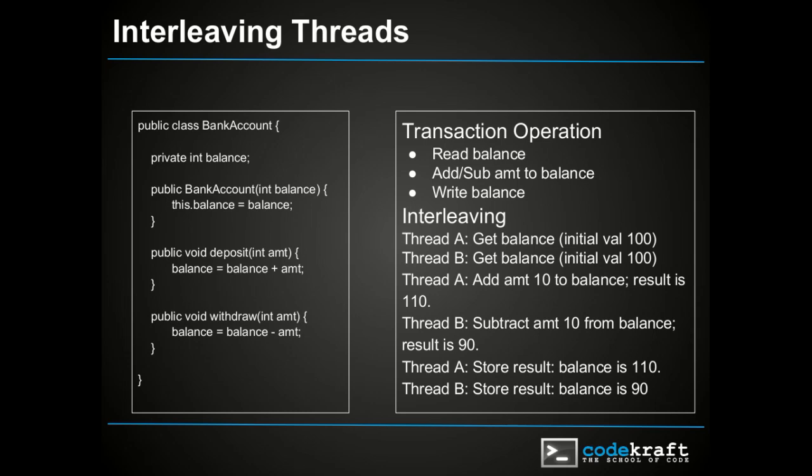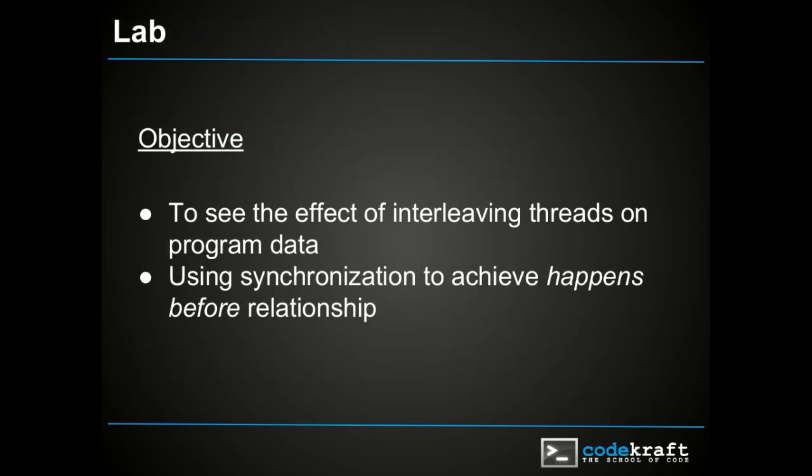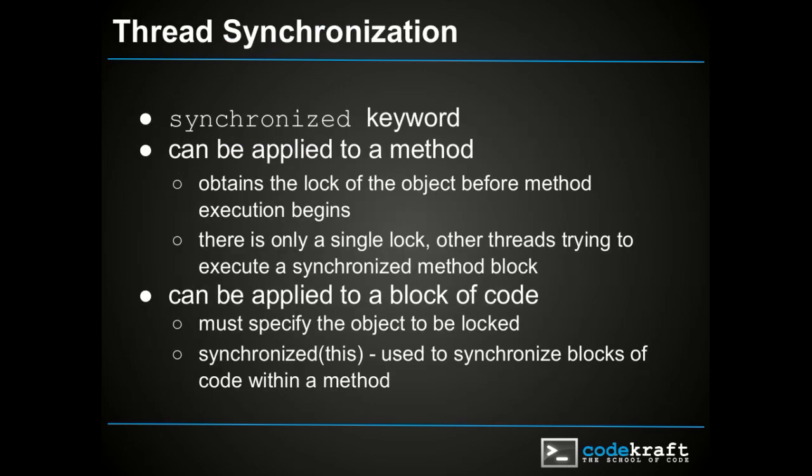Okay, so if you have a synchronized keyword applied to a particular method, then what can be guaranteed is that the release of these locks essentially orders things. So let's say the first thread obtains the lock and executes the method, and then after some time it releases that lock.